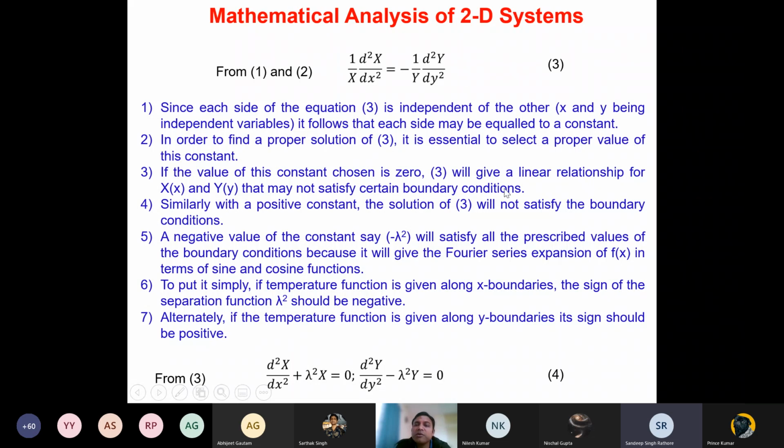The boundary conditions will be satisfied only if I use the right hand side as minus lambda square. Only a negative value of the constant, say lambda square, will satisfy all the prescribed values of the boundary condition, because it will give a Fourier series expansion of f of x in terms of sine and cosine functions. Is it clear to you what I'm saying?